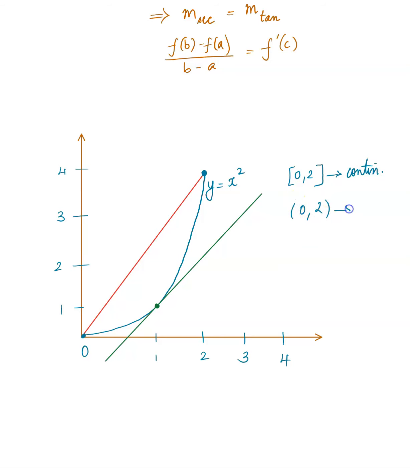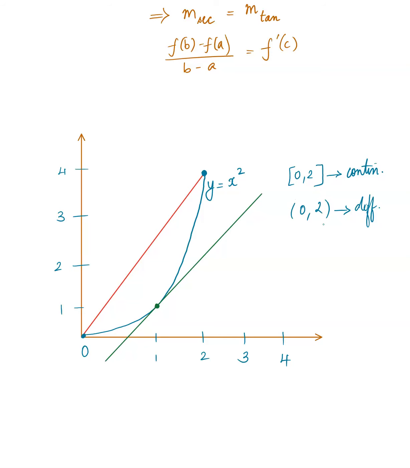Now notice I wrote 0 to 2 with the open parentheses on both ends to indicate that it's the interior of that closed interval that needs to be differentiable. So this is a symbolic notation of putting that in words.